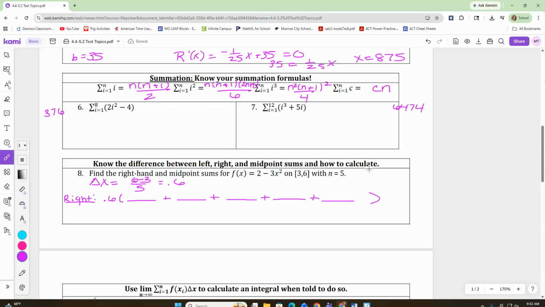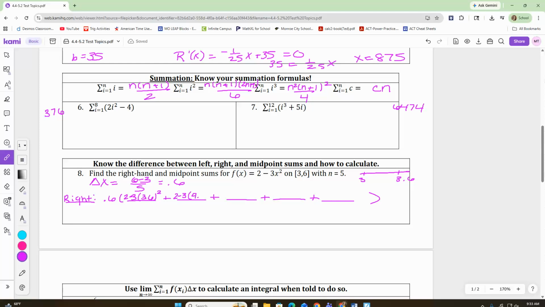All right. If I'm starting at 3, I'm going up by 0.6. So the next one would be at 3.6. What do I plug in first for my right-hand sum? 3.6. And then we just go up by 0.6.